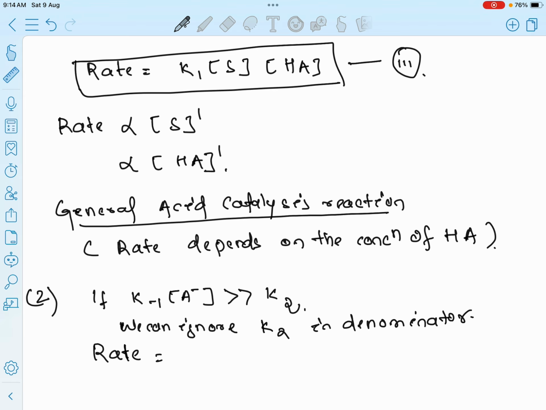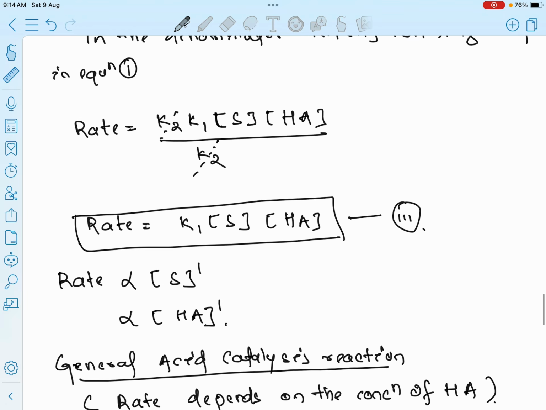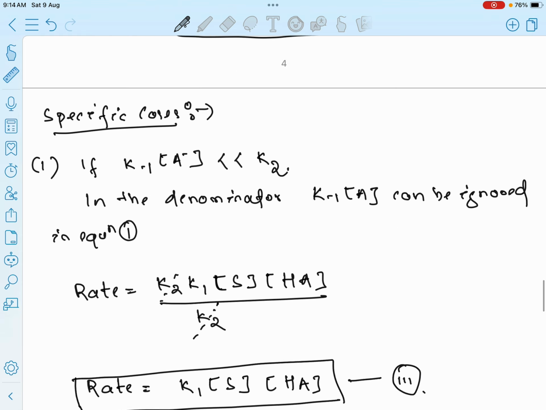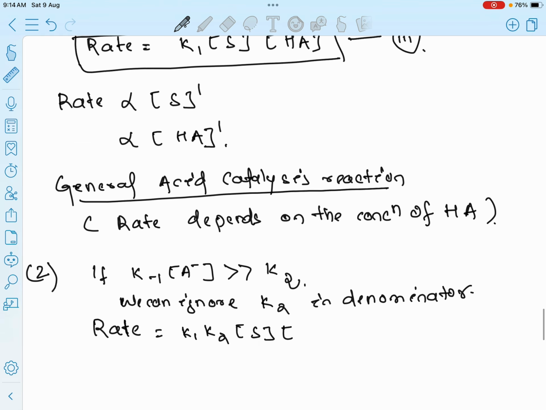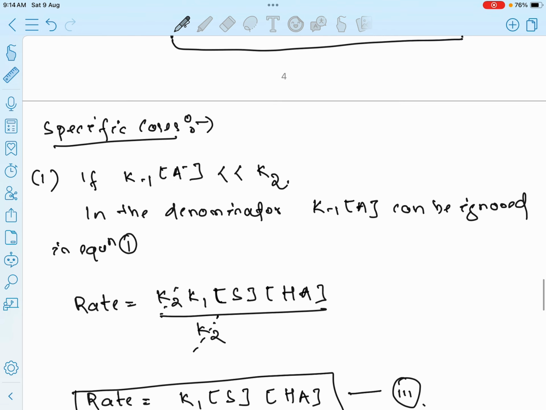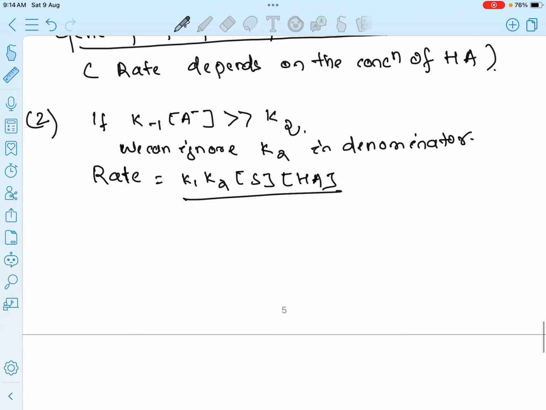Therefore, the rate will be equal to, what was the rate expression? K1 K2 into substrate concentration into HA divided by, since K2 we have ignored, K minus 1 into A minus concentration.